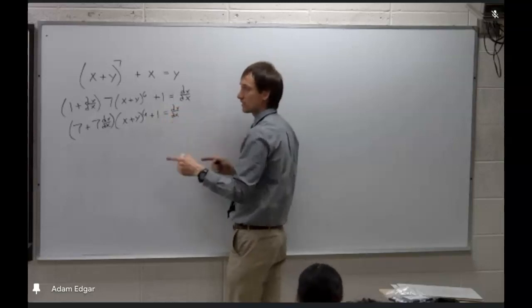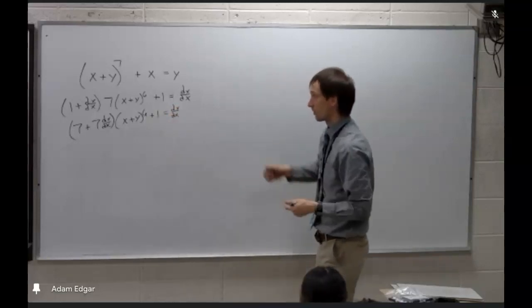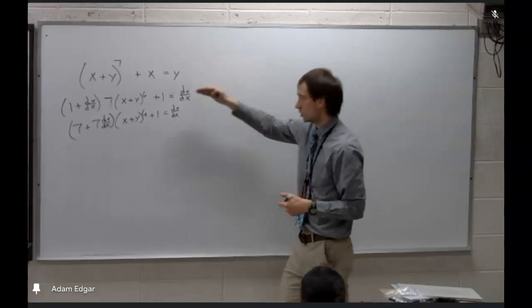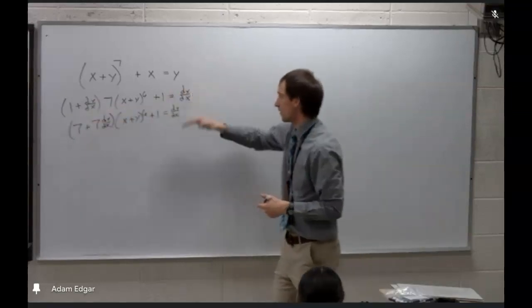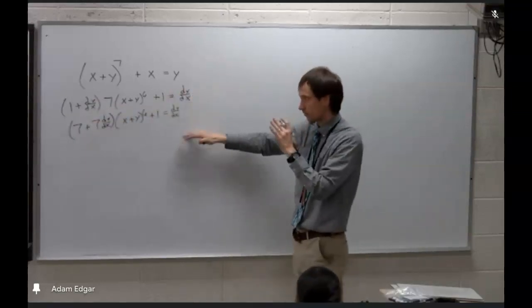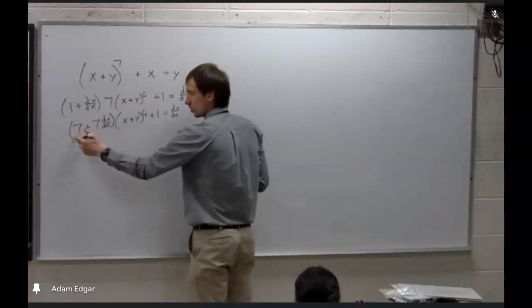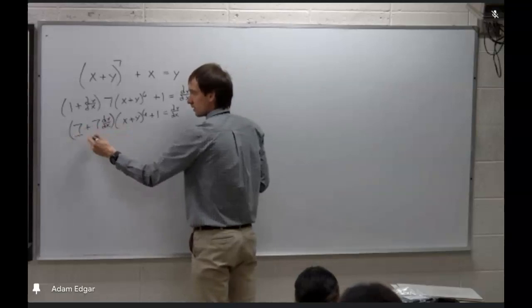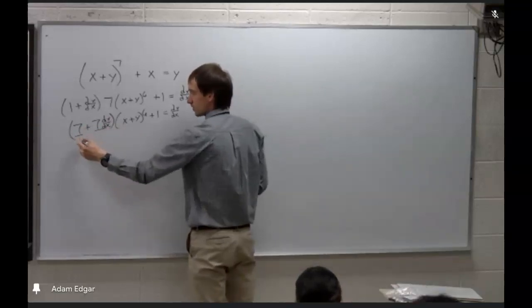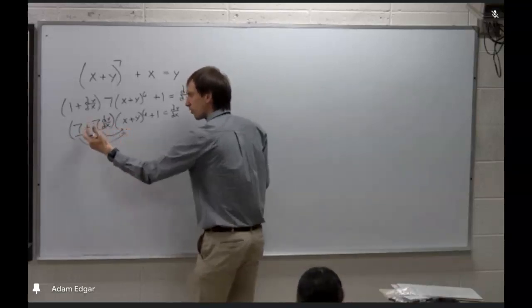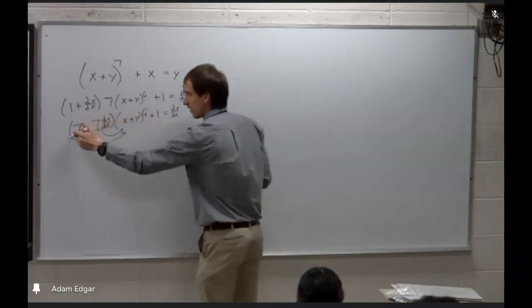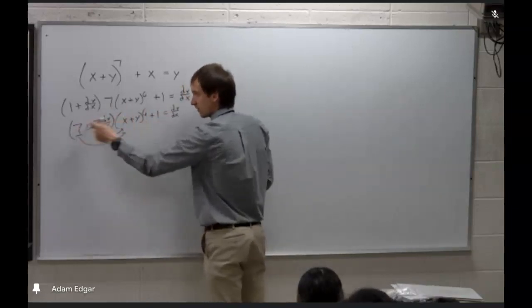This next step is the other difficult step. I feel like the first step is difficult, distributing the 7 isn't so bad, and then this next step is difficult, as we're only halfway distributing this out now. We're going to distribute the 7 and the 7 dy dx for this stuff, but not through. So we're going to see 7 times this, but we're not going to put the 7 through the parentheses.